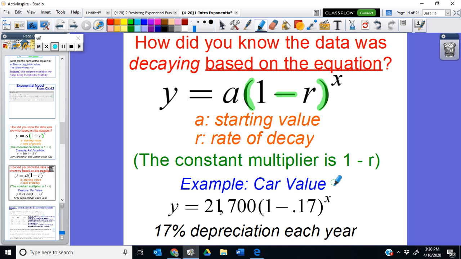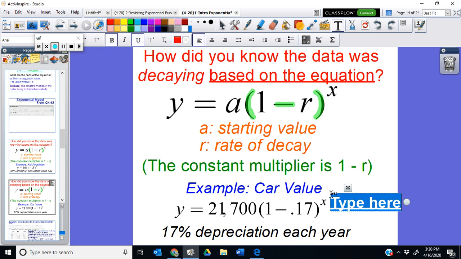I've even heard 14%, but the value goes down pretty quickly. So this one is decreasing by 0.17. So really the multiplier is 0.83, because we just subtract that. So that's generally what you would see in the equation. So if that multiplier is between 0 and 1, then you know you are decaying.